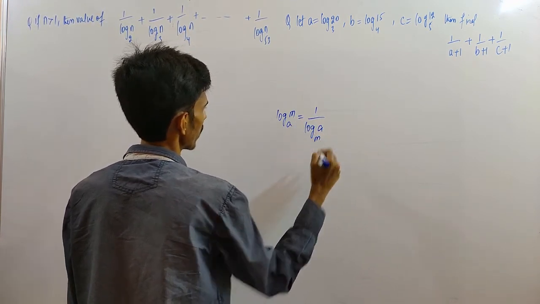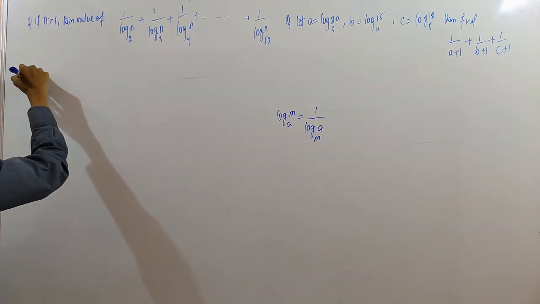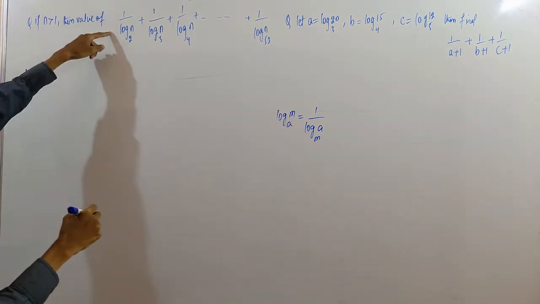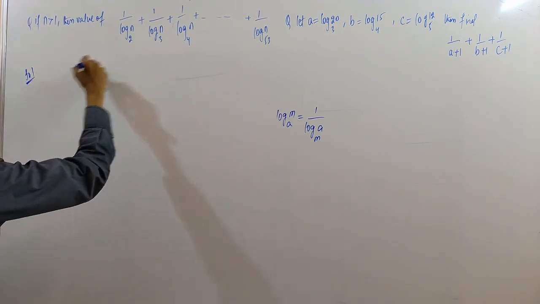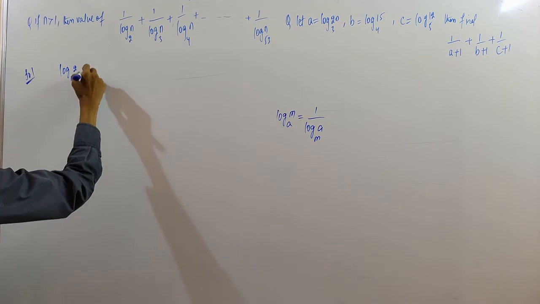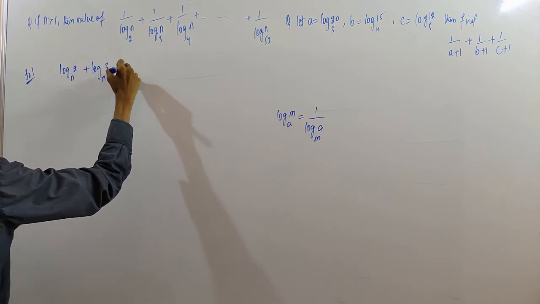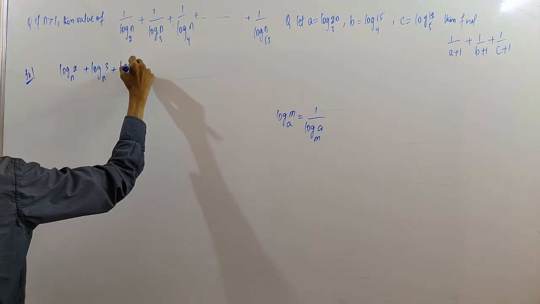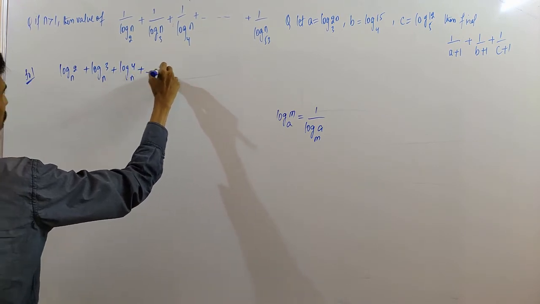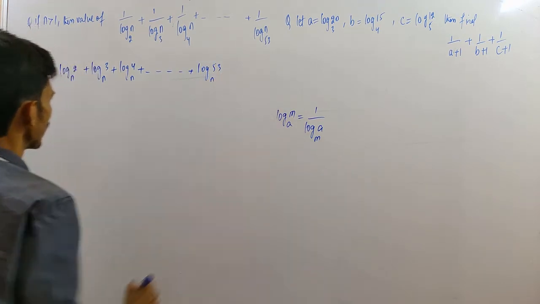So 1 by log n base 2 can be written as log 2 base n, similarly log 3 base n, plus log 4 base n, up to log 53 base n.